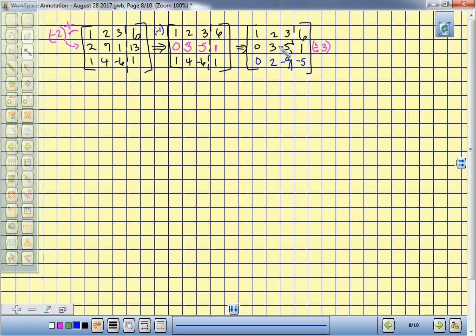So 1 times -2 is -2. -2 plus 2 is 0. 2 times -2 is -4. -4 plus 7 is 3. 3 times -2 is -6. -6 plus 1 is -5. 6 times -2 is -12. -12 plus 13 is 1.